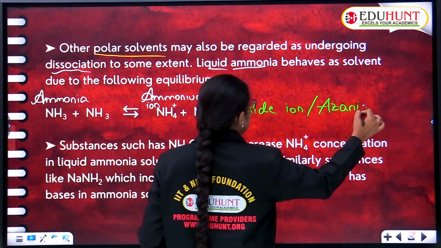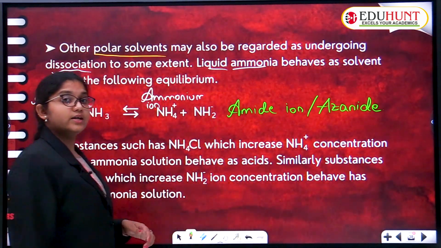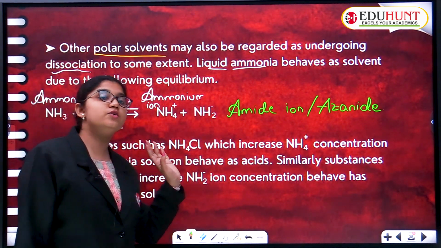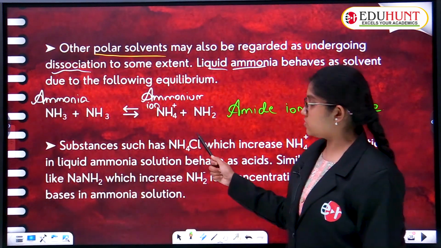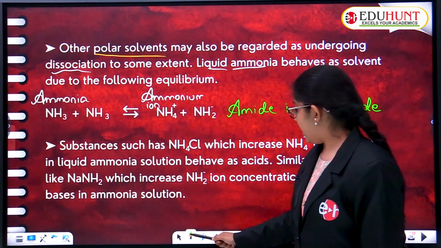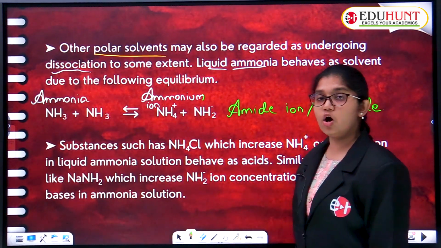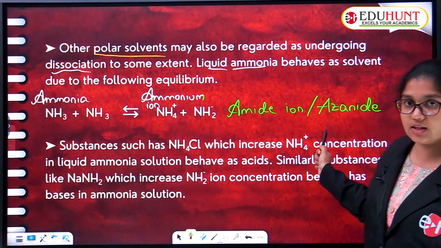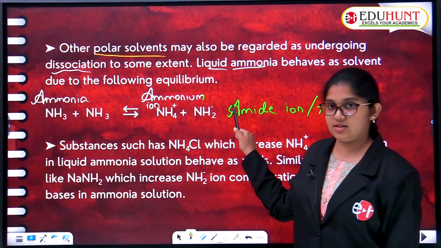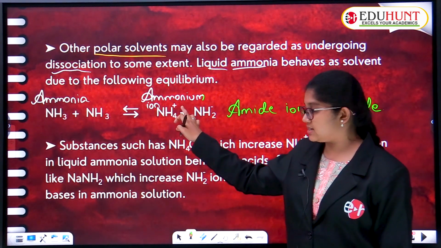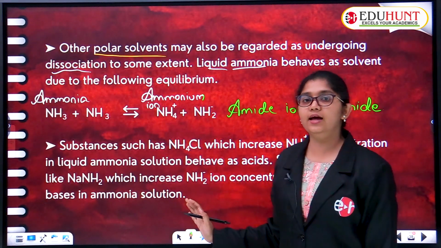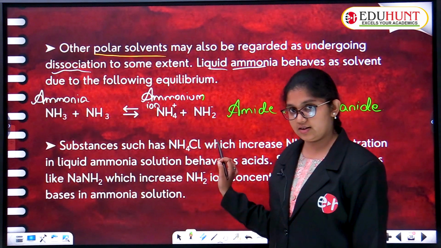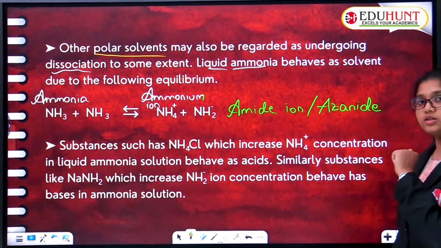So if we take NH3 plus NH3, two molecules of ammonia, it gives rise to ammonium ion plus amide ion, also called azenide. Here NH4 plus is a cation, a positive radical, and NH2 minus is an anion, a negative radical. This is the given equation for liquid ammonia.